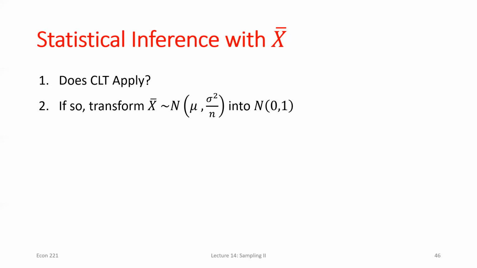So just a reminder, how did we do that before when we had population data? If I'm creating z-scores, or z values, for these sample means, I'm no longer interested in cutoff values for X. I'm interested in cutoff values for my sample mean, right?